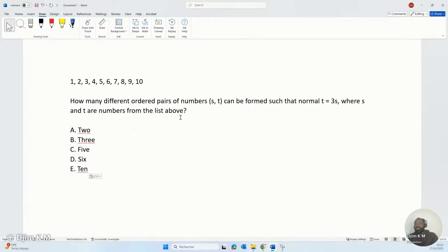How many different ordered pairs of numbers S, T can be formed such that T equals 3S, where S and T are numbers from the list above?